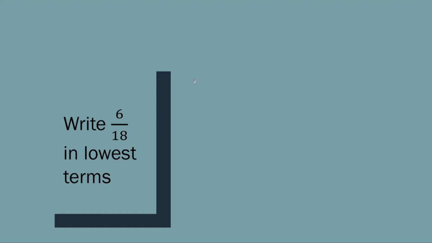Okay, so 6 over 18. Our factors of 6 are going to be 1, 2, 3, 6, and then of 18, 1, 2, 3, 6, and then 9.